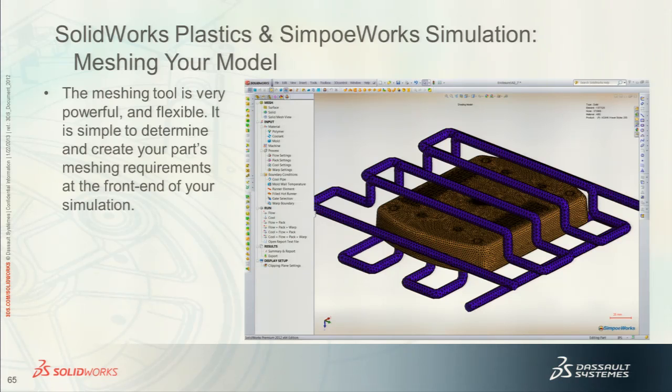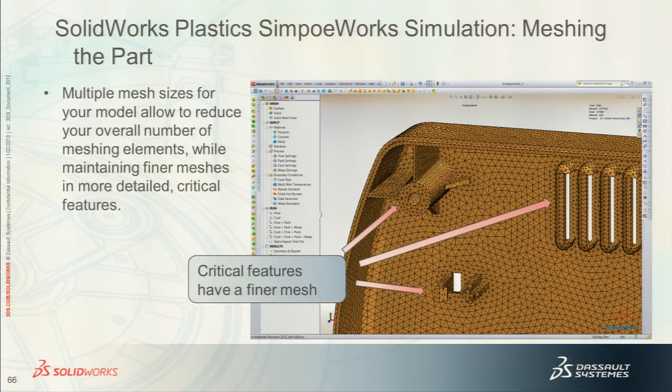Meshing the model, it is a very powerful meshing engine that is incorporated in SolidWorks Plastics and Simpo. You would end up meshing cooling lines as well as your part. Here is a close-up where, the more complex your mesh, the finer your mesh, the longer your calculation time is going to be.